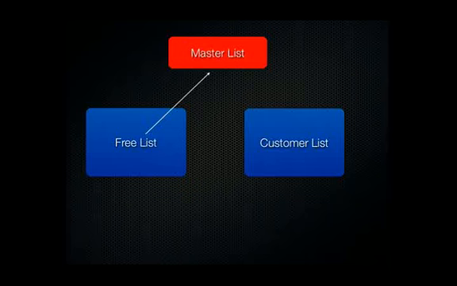And if they've purchased from you, then you know that they know you, they like you, they trust you, and all of that is very important in that relationship building. Now, again, that customer list, if they weren't already in a free list, they're automatically going to be added to the master list as soon as they become a customer.